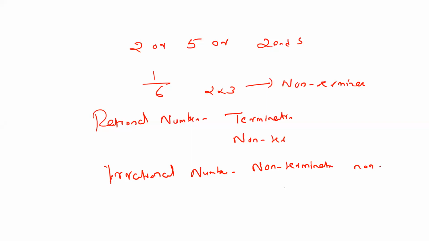So always remember, a rational number's decimal form is terminating or non-terminating repeating, but an irrational number's decimal form is non-terminating, non-repeating.